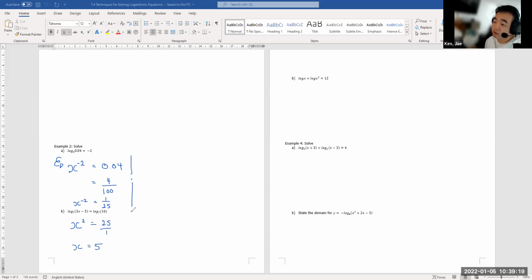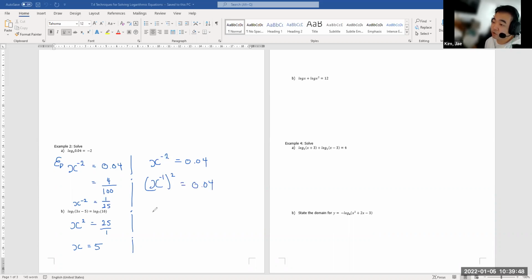Other people might do it in a different way, and you would be just as correct. Why? Well, how about I do it this way? I don't like the fact that I have a -2. So how about I separate it like this? -2 is equal to -1 times 2.